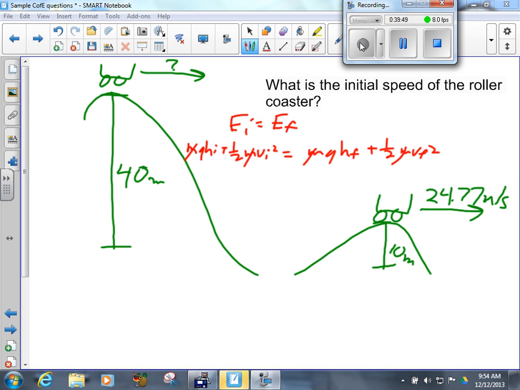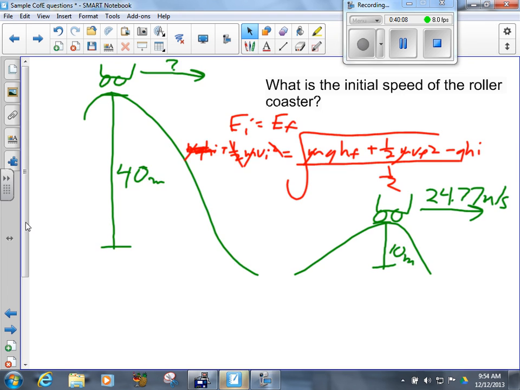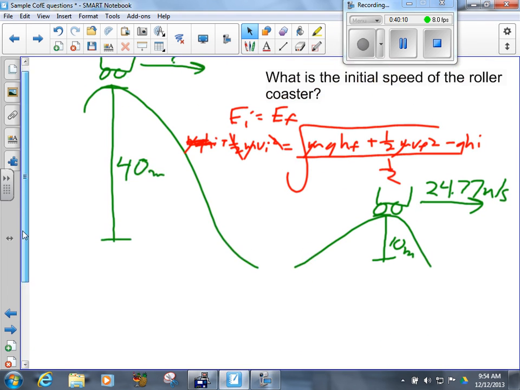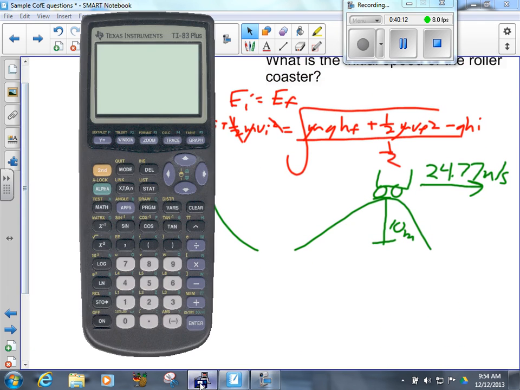We're looking for vi squared, so what do I have to do with g hi? Minus it over to the other side. And then what? Divide by half and square root. Then we plug in our numbers and solve. 5 meters per second is what the answer comes out to.